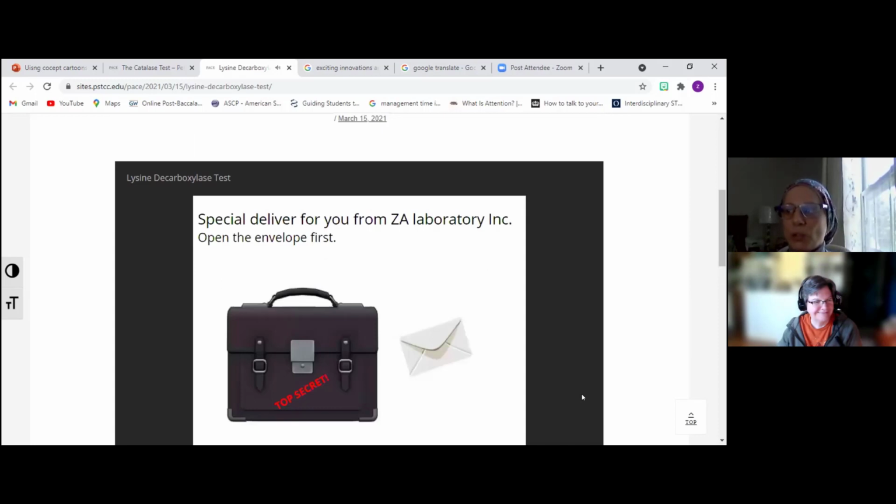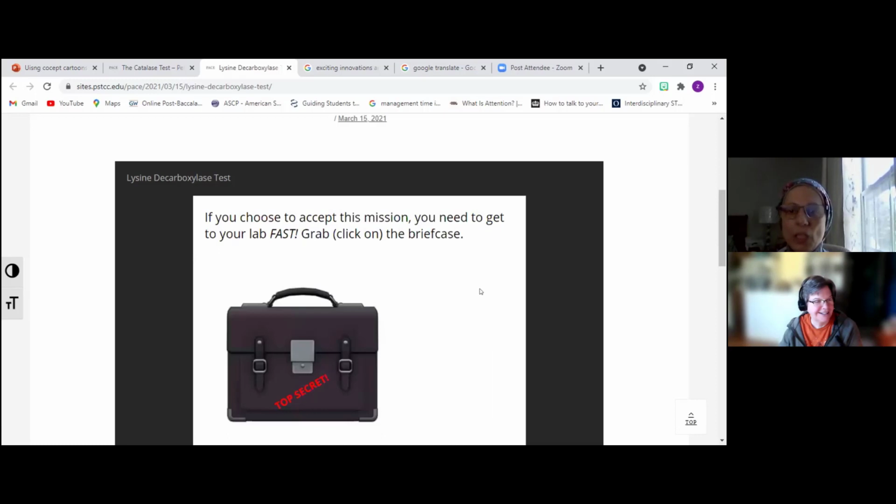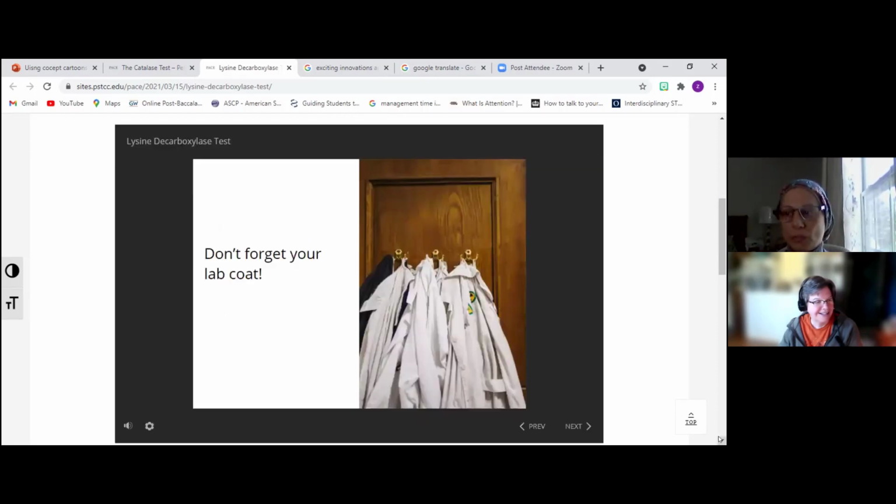So the slide starts with a mission from ZA Laboratory INC. The slides walk the student through the principle of the test and their assignment, which is identifying unknown bacteria that have the ability to produce lysine decarboxylase enzyme. Each time the student clicks on a certain cartoon figure, it guides them to a new or different instruction.